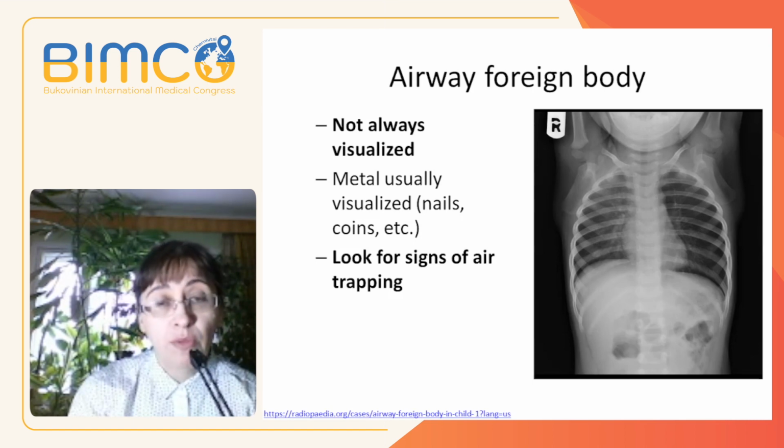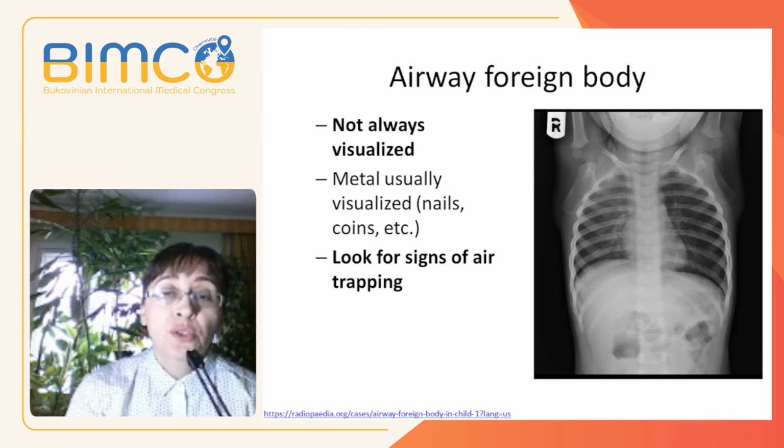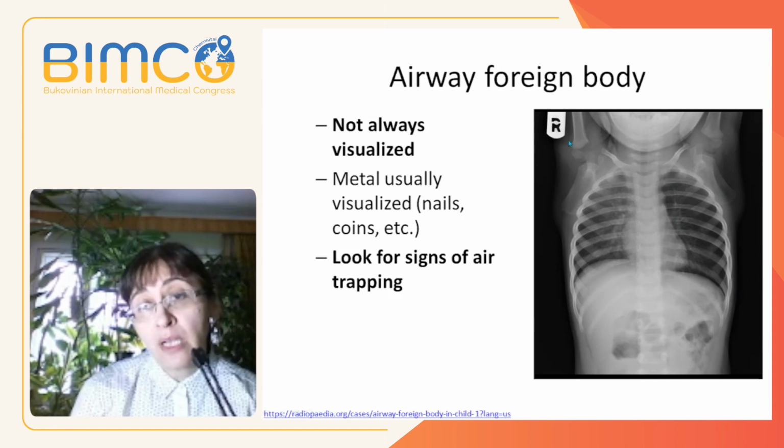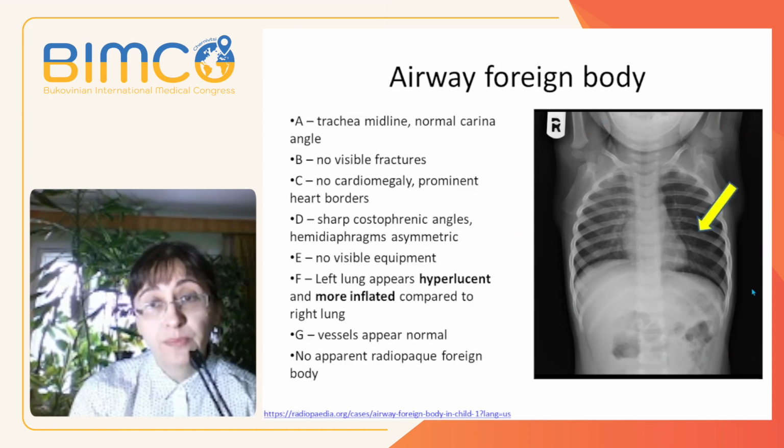The exception is foreign bodies of metal origin. To suspect foreign body aspiration, you have to look for signs of air trapping and compare lung fields on the right and on the left side, whether they are the same or not. Look at this chest X-ray and what you may suspect, why a foreign body may be present here and where it is located.